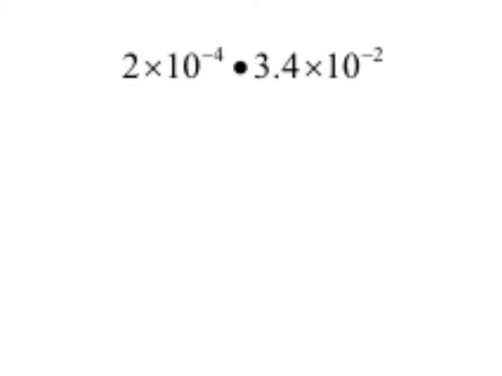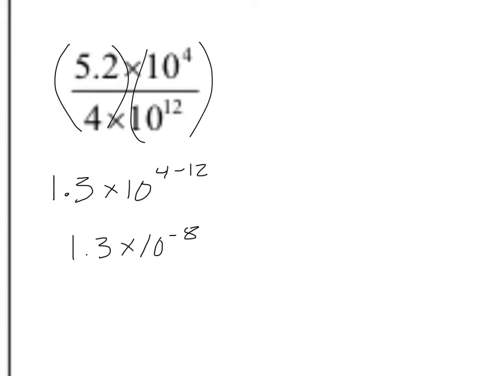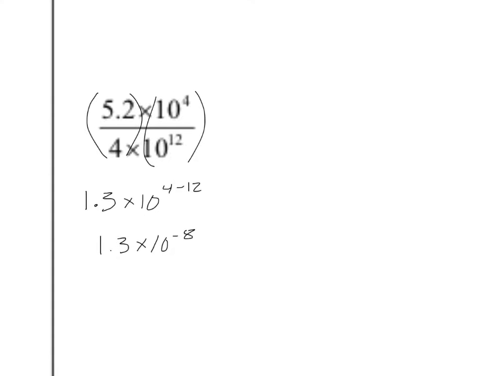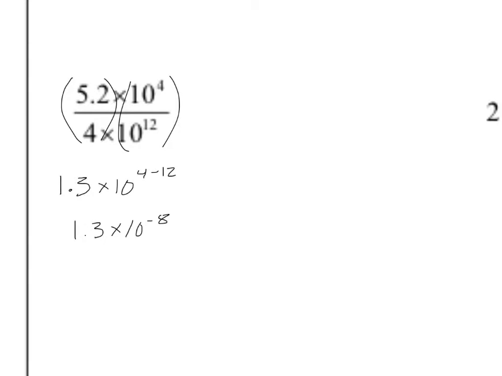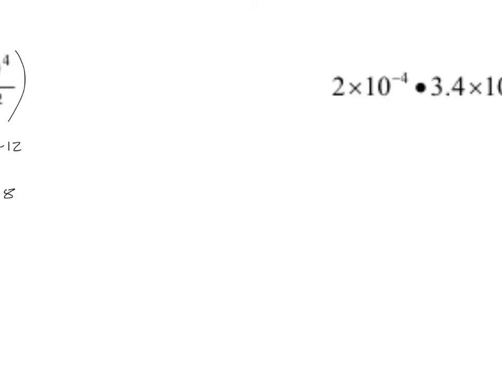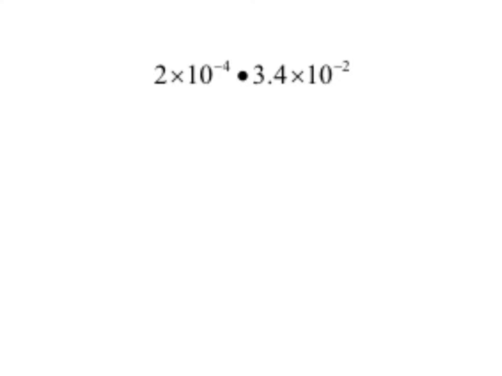Here I have a multiplication. Do I need to make sure that on the multiplication that they have the same exponent? No, just like we have decimal multiplications, same thing here. I'm just going to rearrange it. 2 times 3.4 times 10 to the negative 4th times 10 to the negative 2nd. Just using a little commutative property there.